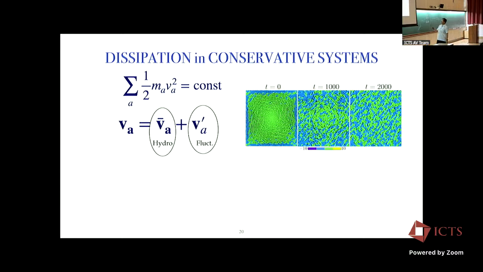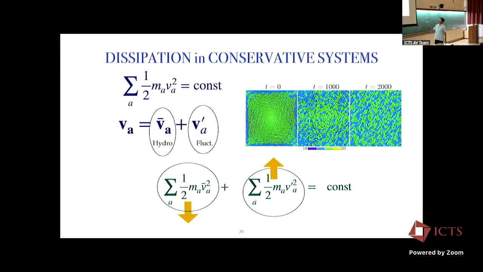So you look at this one. Now, this gives a very nice way to get dissipation. That's what I want to show you. Typically, especially in 3D and some 2D systems, what happens to this part? If I plug that in, I get total kinetic energy as the kinetic energy of the mean, the hydrodynamic part, plus the fluctuation.